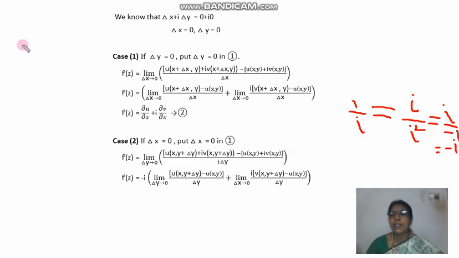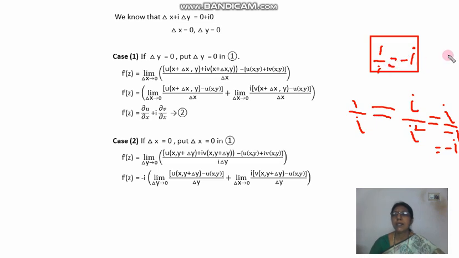You remember it as a formula, 1 by i is equal to minus i. You note it in the notebook.